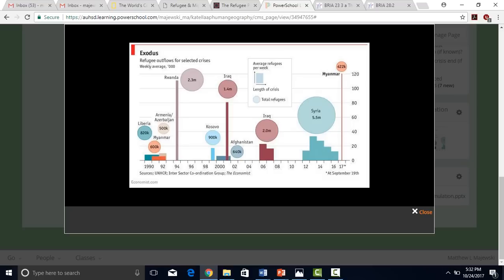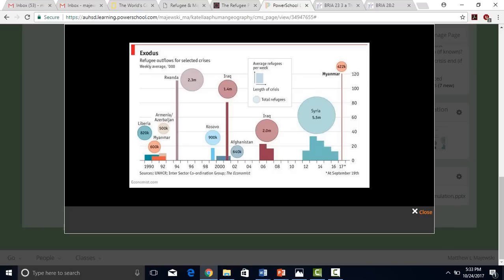Probably the most famous example of ethnic cleansing in the 1990s happened in the small sub-Saharan African country of Rwanda. It was an ethnic tribal conflict between two groups, the Hutus and the Tutsis. They are the two dominant tribes or ethnicities in that country. What happened was the Hutus started to wipe out, to exterminate the Tutsis because the Hutus wanted Rwanda to just be made up of one tribe, one ethnicity.